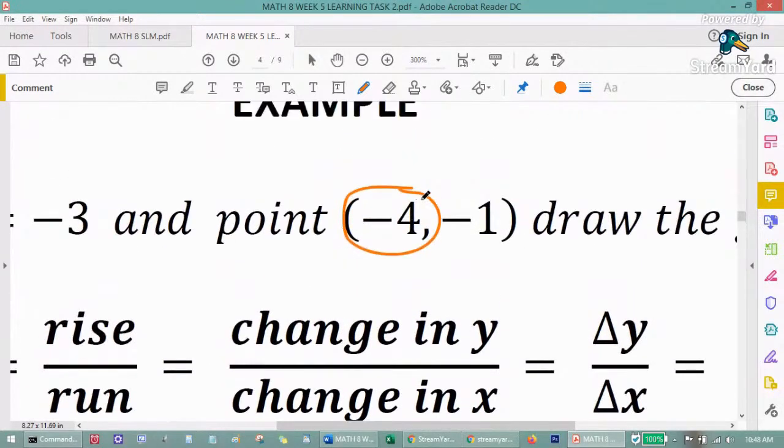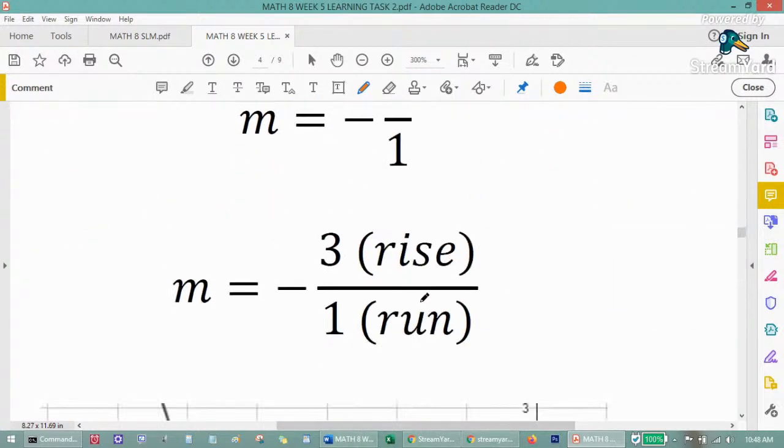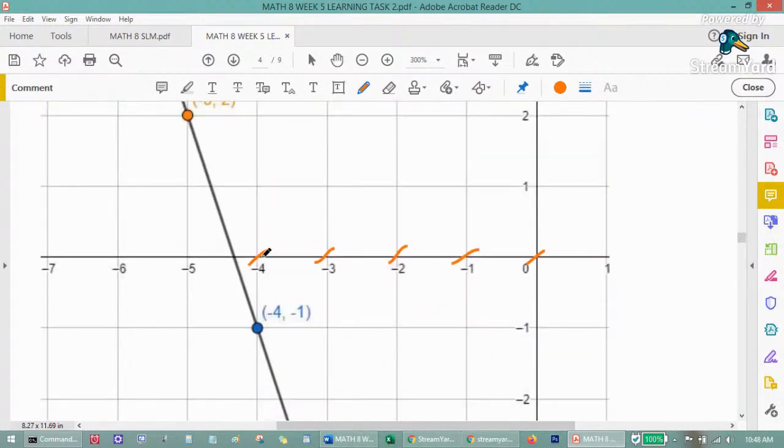Pagkatapos natin ng negative 4, ang y naman natin is negative 1. So, negative 4, negative 1, ito yung y natin. So, bababa tayo ng isa para tumapat tayo dun sa negative 1. And then, that's our point. Negative 4, negative 1, ayun ang negative 4, negative 1. That's the point.